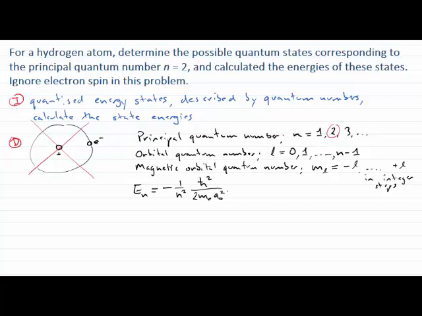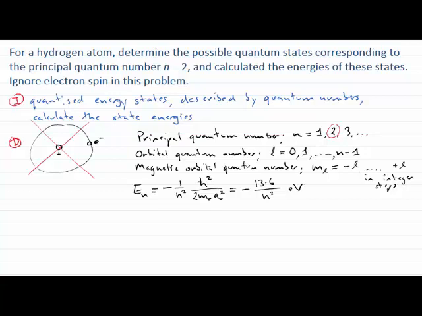It's a reasonably complicated expression, but everything in that second factor there is a fundamental constant, so we can actually rewrite this as minus 13.6 divided by n squared in units of electron volts, which is a convenient unit to use when we're dealing with things on the atomic scale.